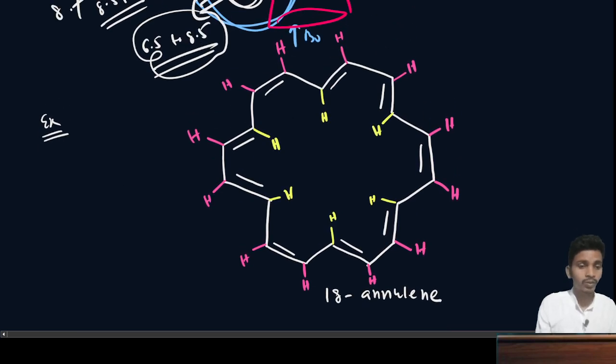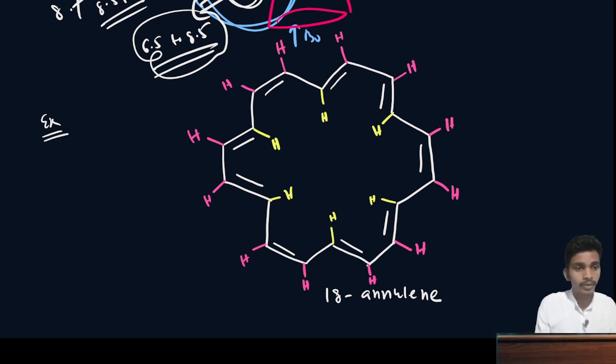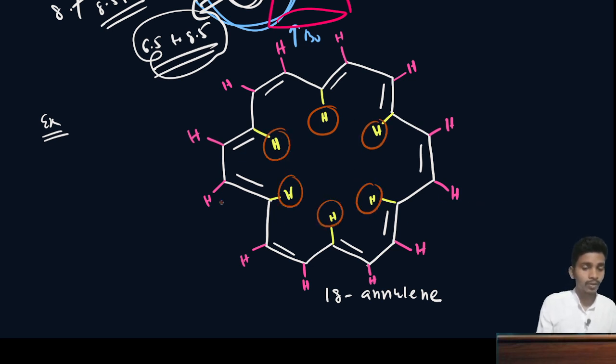And next we will go to the 18-annulene system. Here we see these are the inner protons. First we look at whether it is aromatic or non-aromatic. For aromatic, it should be a cyclic system, sp2 hybridized, and conjugation should be there. All the conditions are satisfied here.